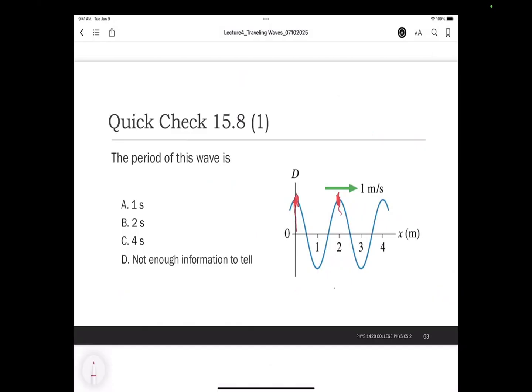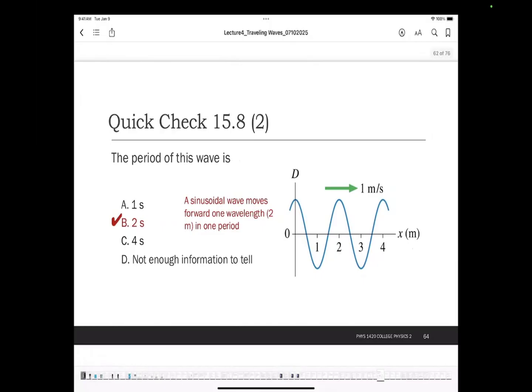It is 2 meters, and we divide by 1, which is 2 seconds. Does it make sense to you? A sinusoidal wave moves forward one wavelength in one period, so we just need to calculate how long it takes to move 2 meters. It is 2 seconds because 1 second is 1 meter.